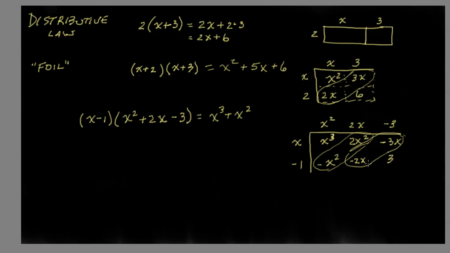And then I have negative 2 minus 3 of the x's, that's negative 5x. And finally plus 3 from down in the lower right-hand corner. So this is a method that I'll use over and over for showing distributive law, or for using FOIL, or multiplying binomials, or in the broader sense, multiplying together any two polynomials.